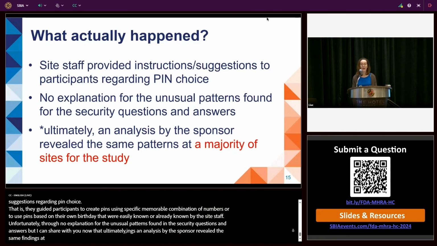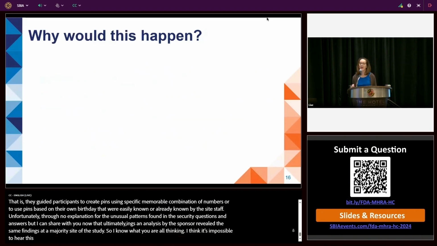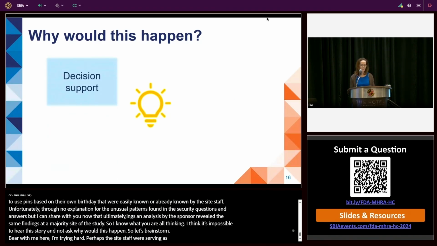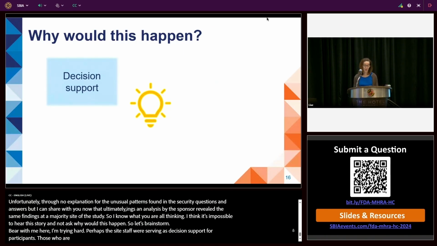Okay, so I know what you are all thinking. I think it's impossible to hear this story and not ask, why would this happen, right? So let's brainstorm. Okay, bear with me here, I'm trying hard. Perhaps site staff was serving as decision support for indecisive participants, those maybe who were challenged in thinking up their 4-digit PIN code.